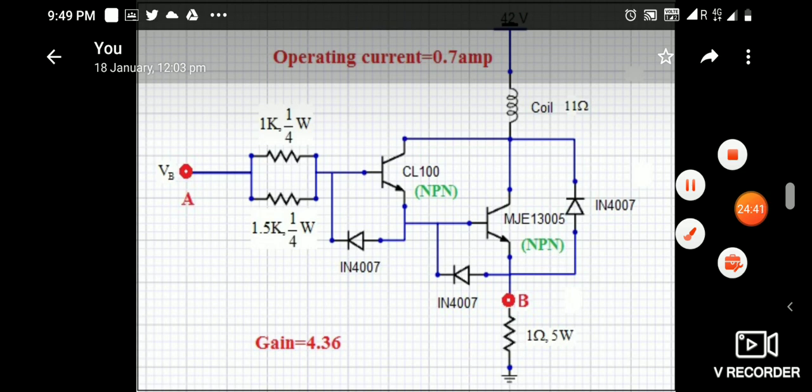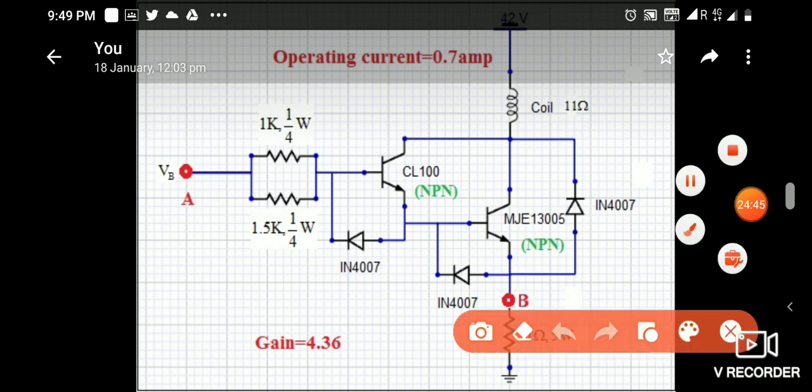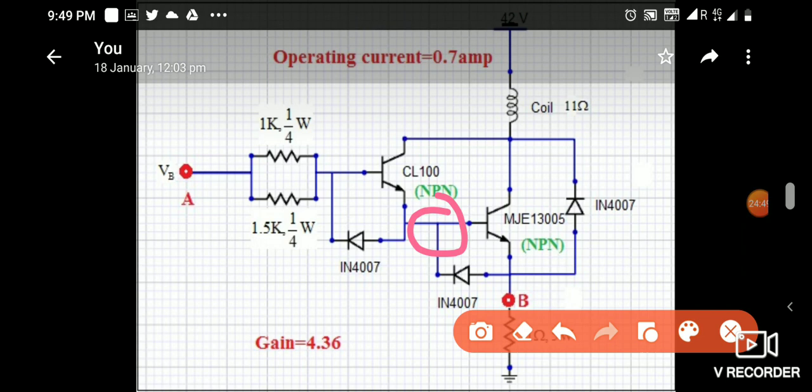So what will happen when there is no base current? The transistor will be off. So the full voltage, 42 volt, we will get across this point.